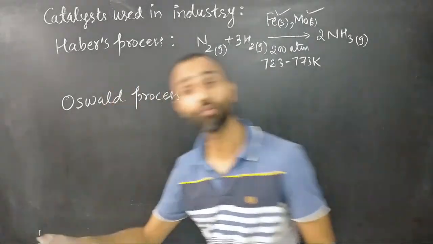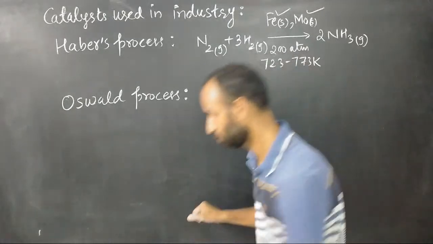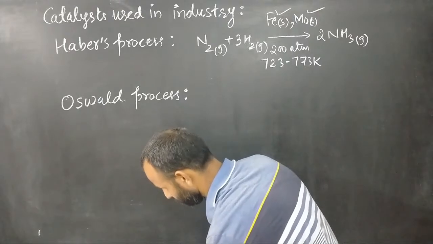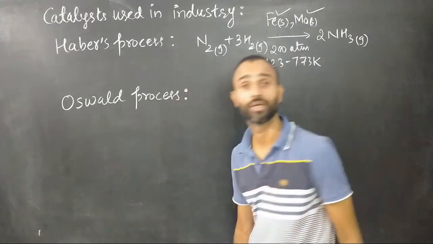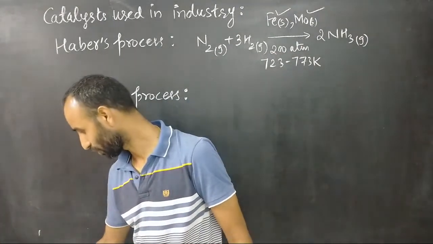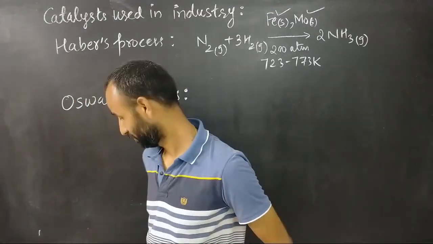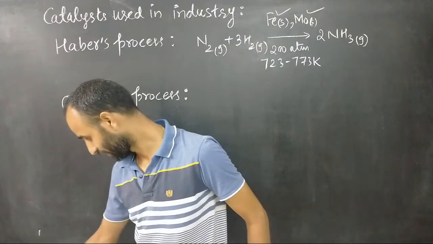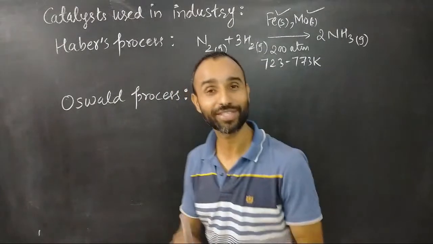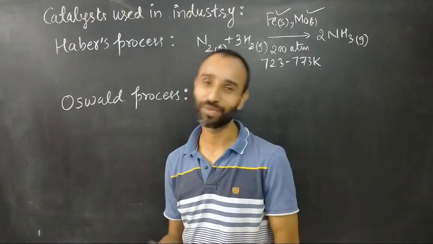Ostwald process is used for what? बोलो, Ostwald process किस लिए यूज होता है? किस प्रोसेस में यूज होता है? बोलो जल्दी. जल्दी. ये मुझे लग रहा है गूगल में सर्च करने लगते हैं. Don't search Google, if you know, then it's okay, otherwise I will let you know.